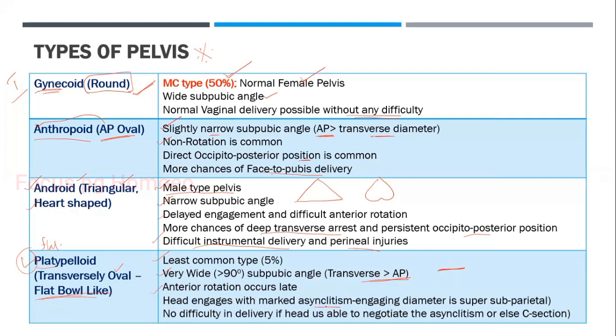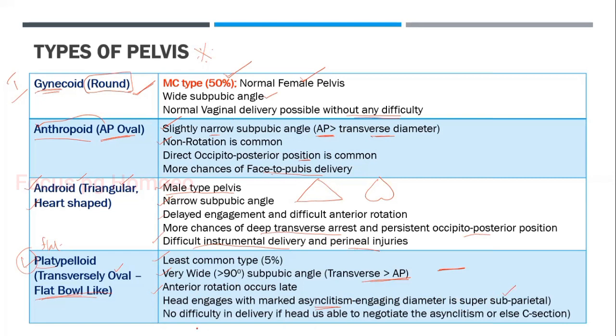We had already done the session on engagement. In engagement, there is synclitism and asynclitism, and the types of engagement. In asynclitism, again, it is anterior and posterior. If a woman has a platypeloid pelvis, the engagement is an asynclitism type of engagement, and the engagement diameter is usually subparietal.